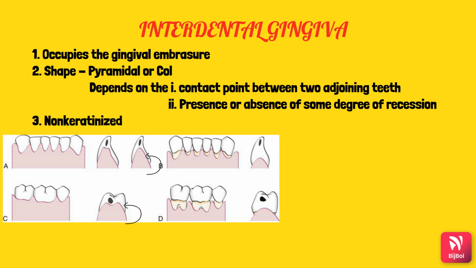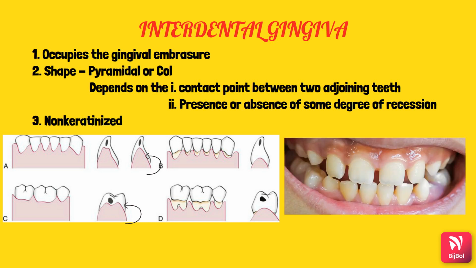Then obviously the interdental gingiva will turn into a cone shape. So that's why we say that the interdental gingiva shape depends on the contact point in between the two adjoining teeth. And with the degree of recession also, the shape of the interdental gingiva varies.